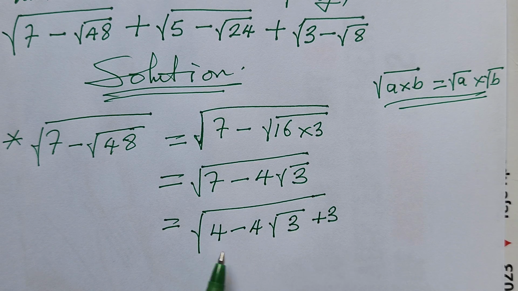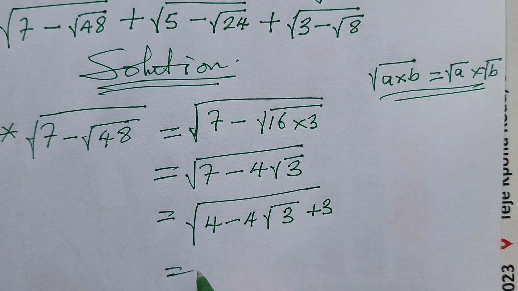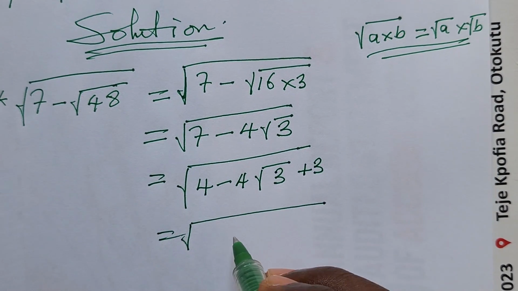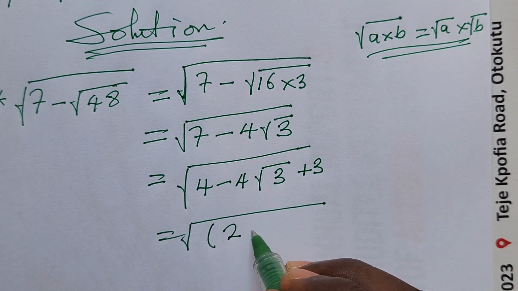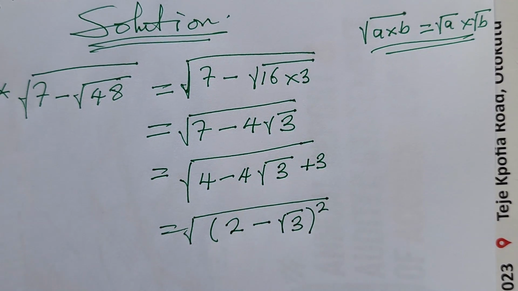So we can now rewrite the whole of this as the square root of bracket 2 minus the square root of 3 close bracket all squared.